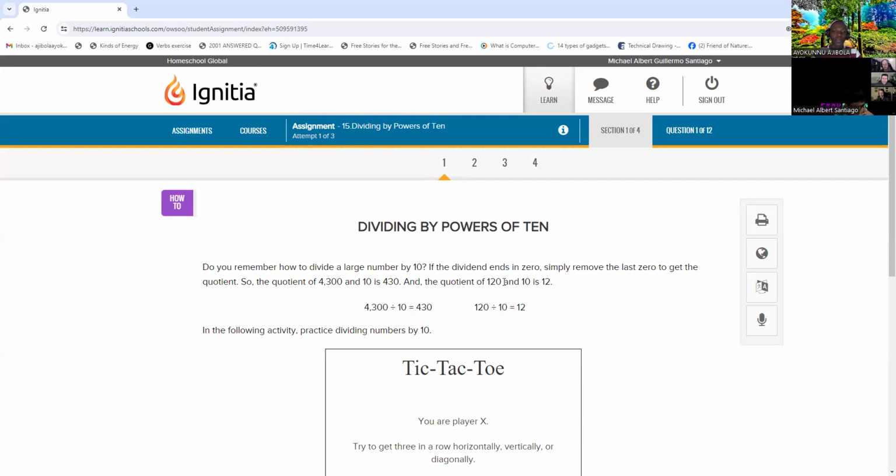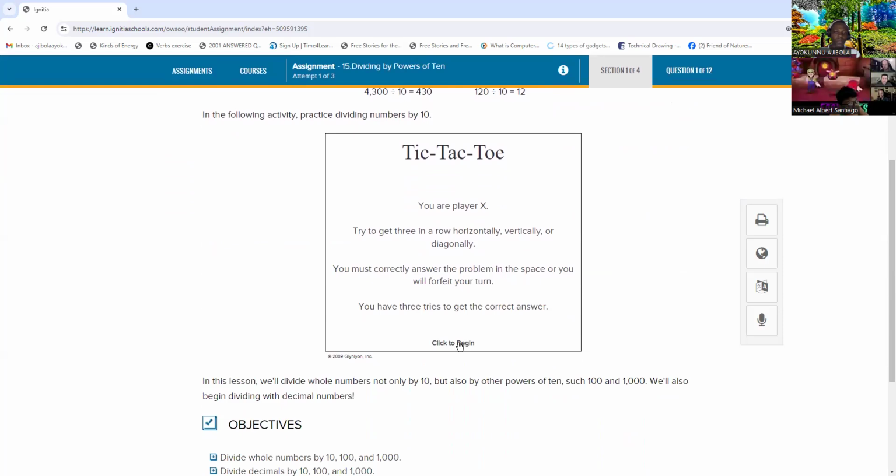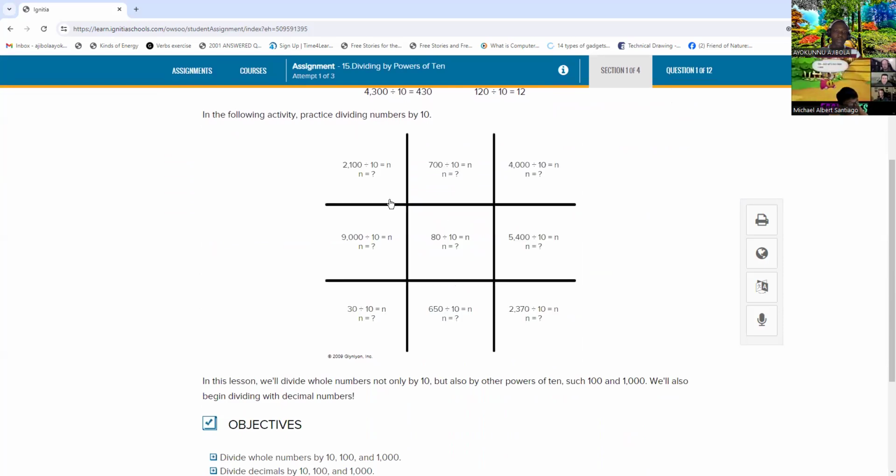And the quotient of 120 and 10 is 12. That is, when you divide 4,300 by 10, you just remove 0 from the dividend, then it becomes 430. Is that clear? Yes. Then if you are dividing 120 by 10, just remove 0, then you have 12. I think this is very easy, right? Yes. So let's try to check on all of this.